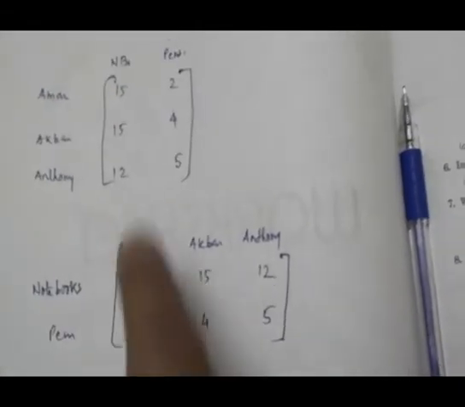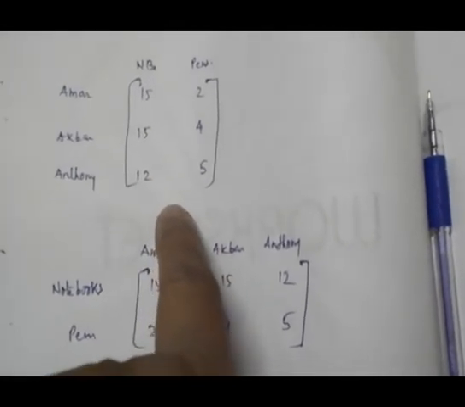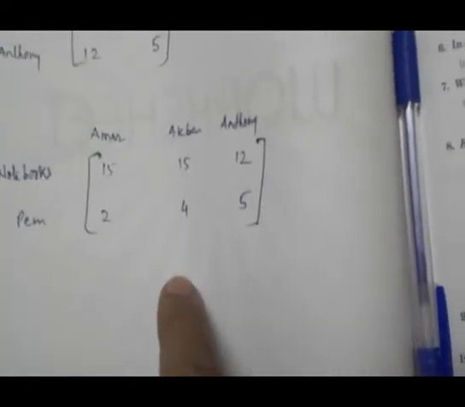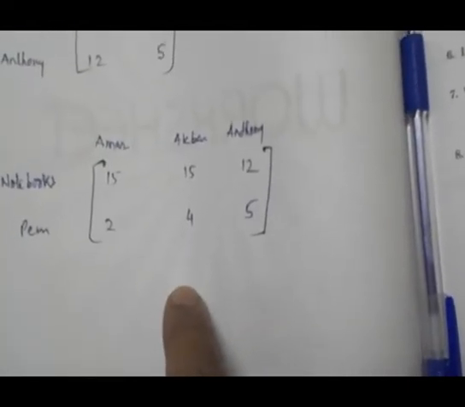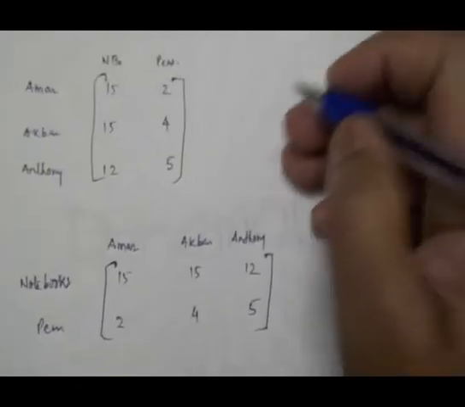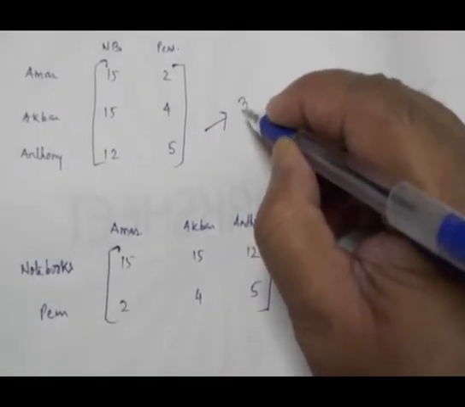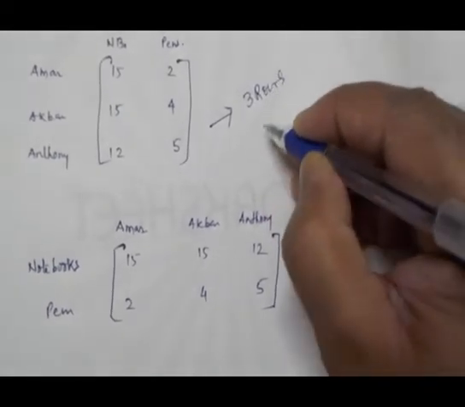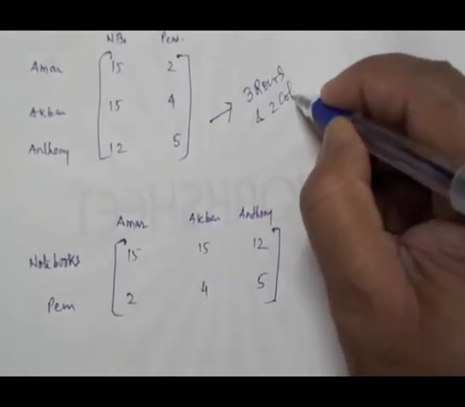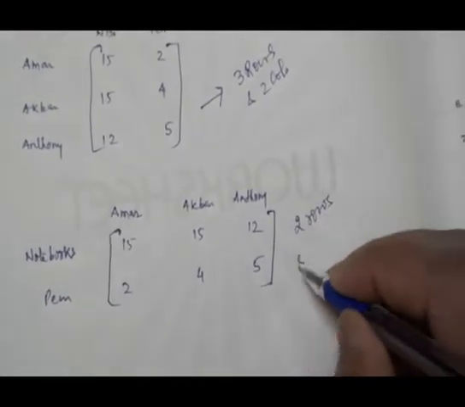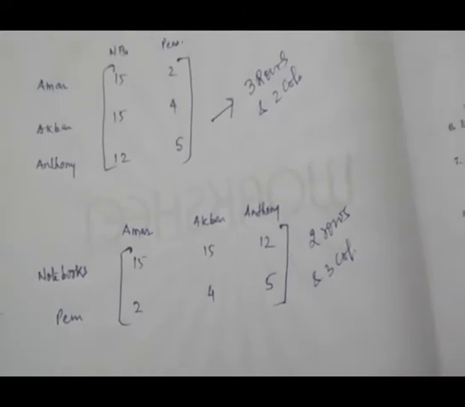But what you see in this figure is 3 rows and 2 columns, and in this one 2 rows and 3 columns. The same thing is represented in different ways. Here we say this contains 3 rows and 2 columns, and this contains 2 rows and 3 columns.